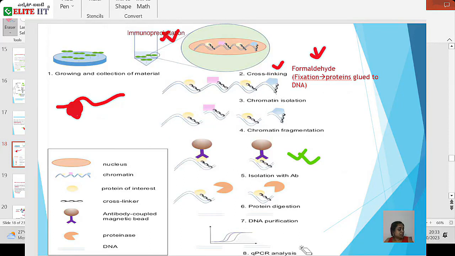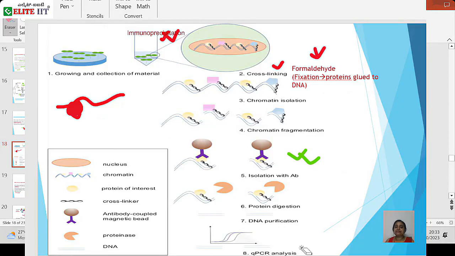Through the PCR, you can also sequence it. Generally, we do amplification, the copy number is increased, and you check the concentration and match with any similar type of DNA fragment with the control or reference.